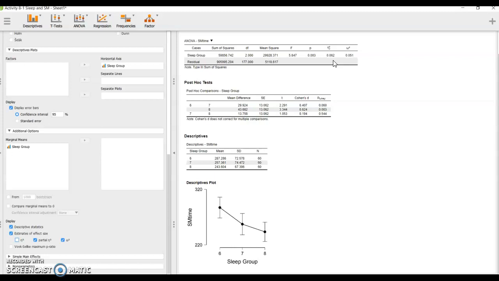People argue it's a better estimate because partial eta squared overestimates the size of the effect. So we have basically 5% of the variance in social media use explained by sleep group, which is interesting, but what's usually more interesting is looking at the effect sizes, Cohen's d, for the pairwise comparisons.